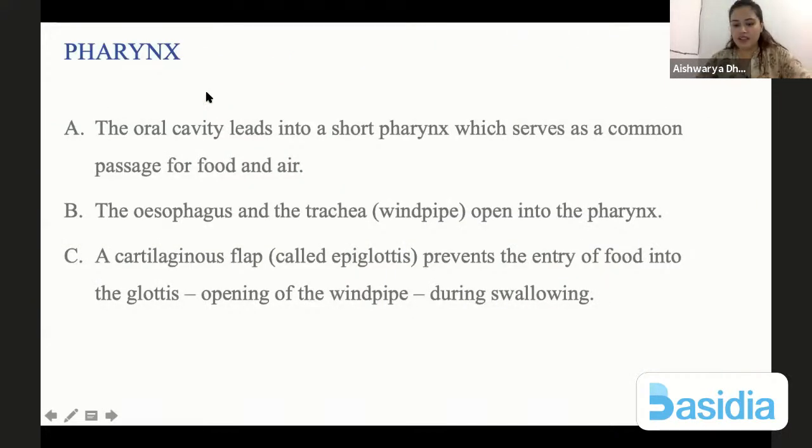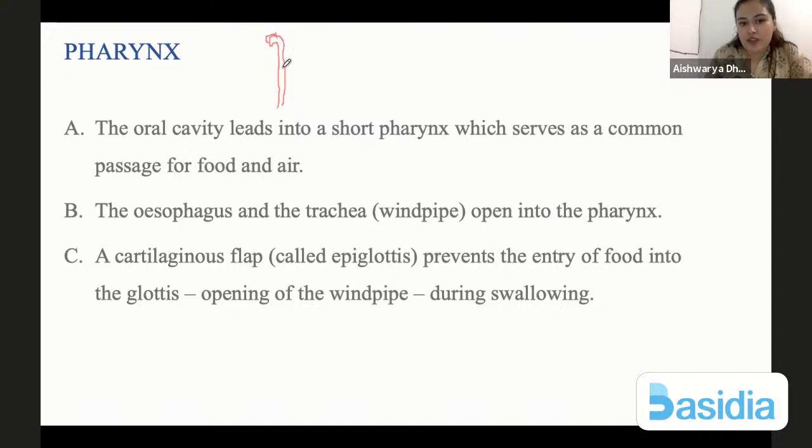Moving forward, we have a small portion which is known as the pharynx. So pharynx is nothing but, let's say this is the mouth, right? And this goes into the food pipe. This is your buccal cavity. Okay.